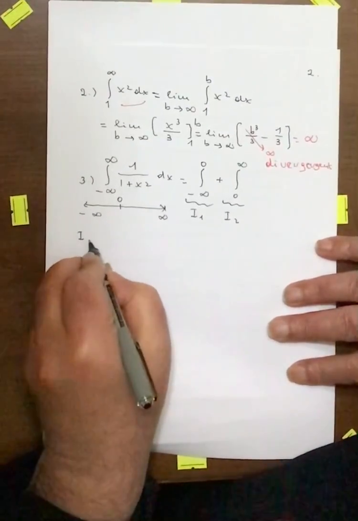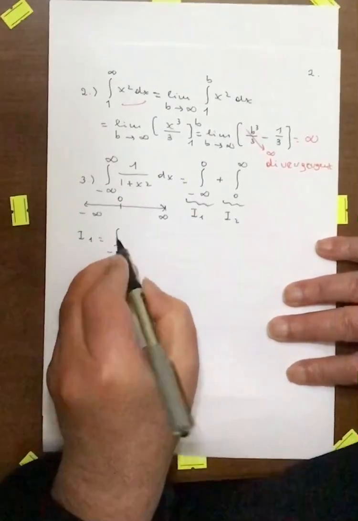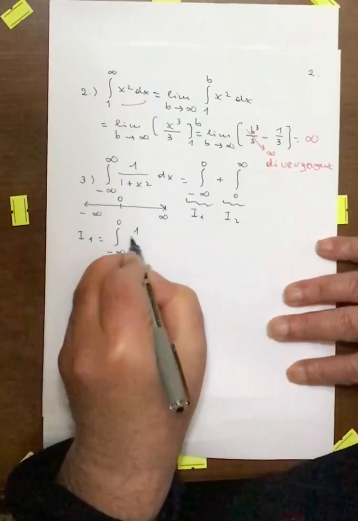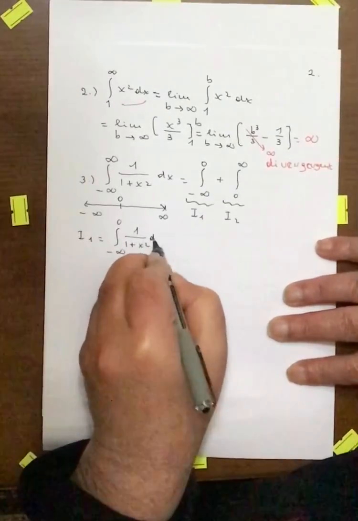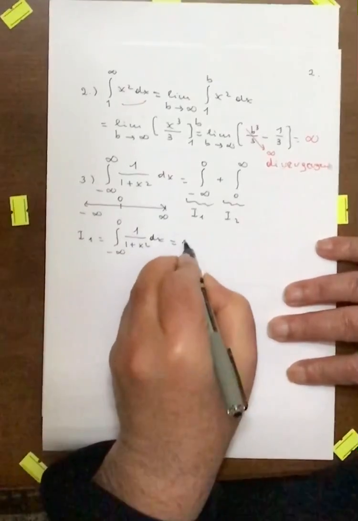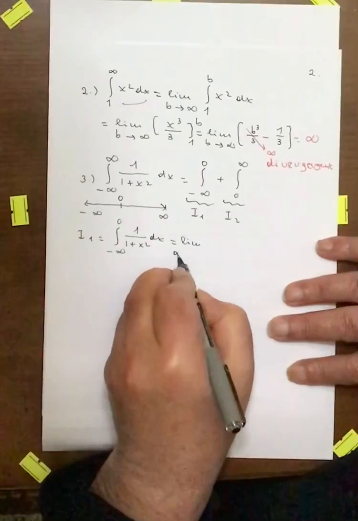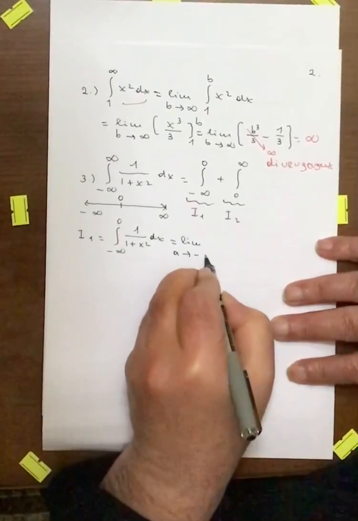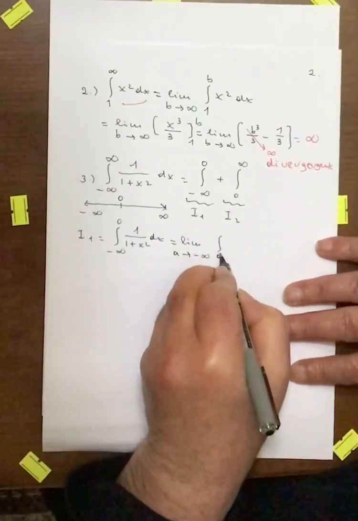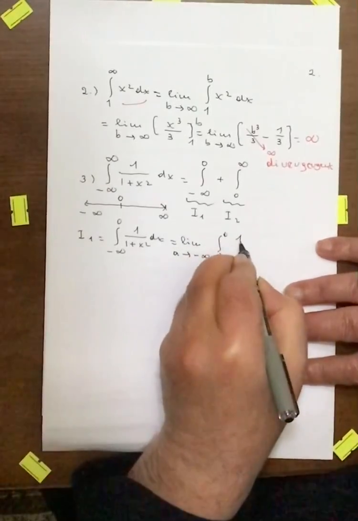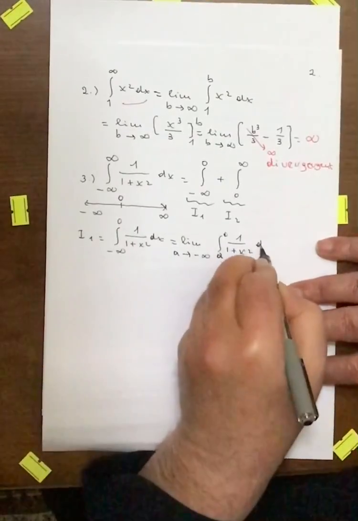I1 is the integral from minus infinity to 0 of 1 over 1 plus x squared dx, which is the limit as a tends to minus infinity of the integral from a to 0 of 1 over 1 plus x squared dx.